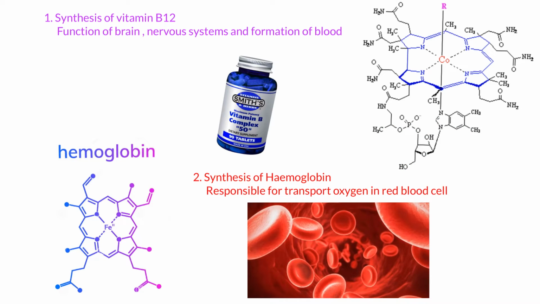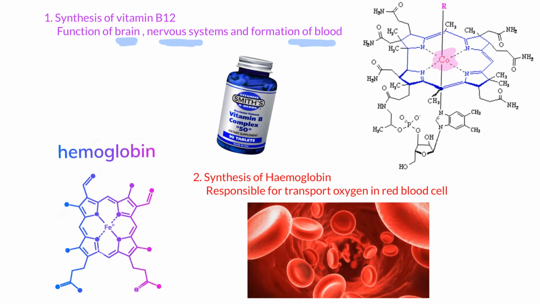First, the synthesis of vitamin B12. It helps the functions of the brain, the nervous system, and the formation of blood. You can see the picture here, this is vitamin B12. Right in the center of it, you can see cobalt. So cobalt is very important in forming B12.